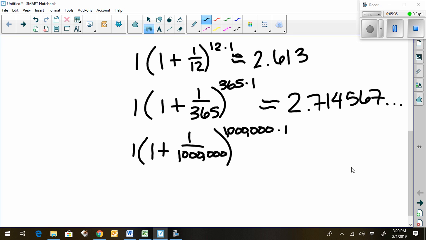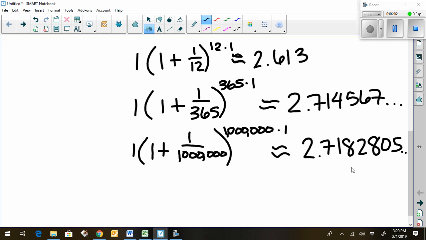It's got to get higher, right? So in my calculator, I am calculating this, and I end up with approximately 2.7182805, and it keeps going.